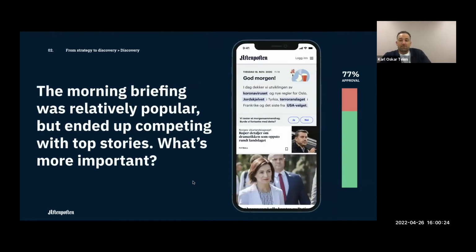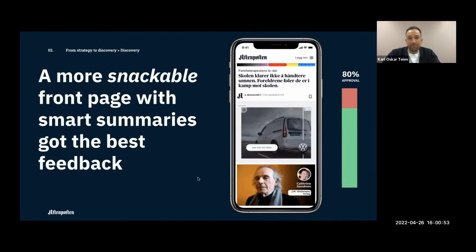Another one was this idea, well, can we help users get an overview of the most important stories by doing a sort of newsletter style introduction to the front page, by saying, well, this is what we covered today. So think of it as a newsletter, as an introduction to the front page. And here again, we asked the users, what do you think? Here we saw a relatively high approval rating, 77%.